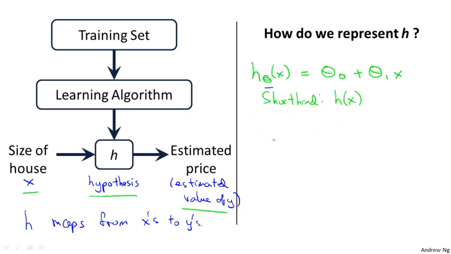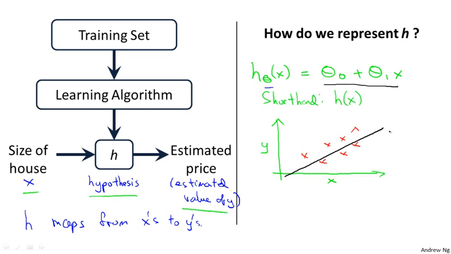And plotting this in pictures, all this means is that we are going to predict that y is a linear function of x. Right? So that's our data set. And what this function is doing is predicting that y is some straight line function of x. That's h of x equals theta 0 plus theta 1 x.